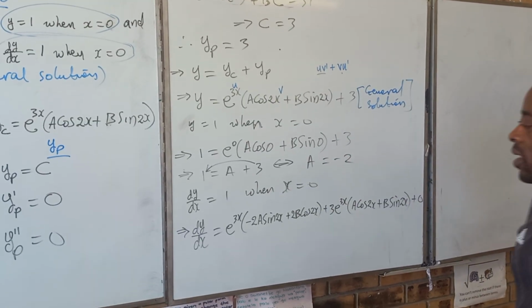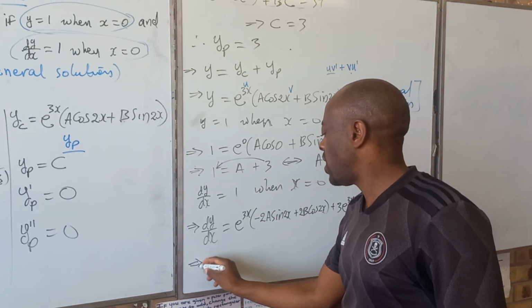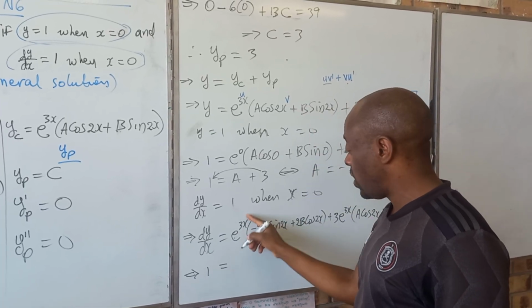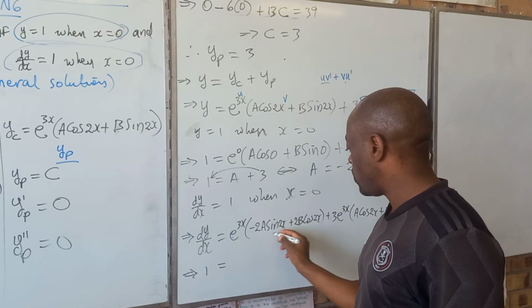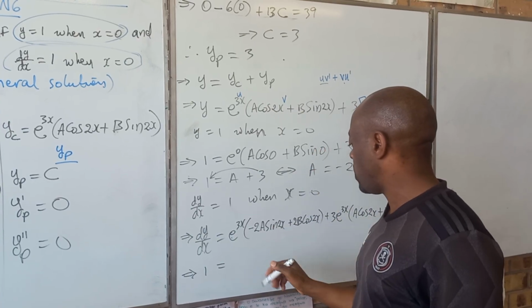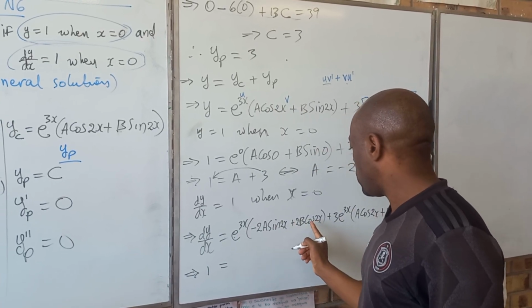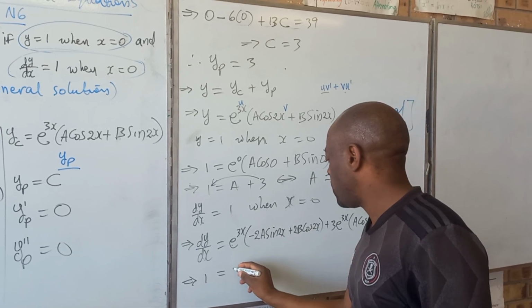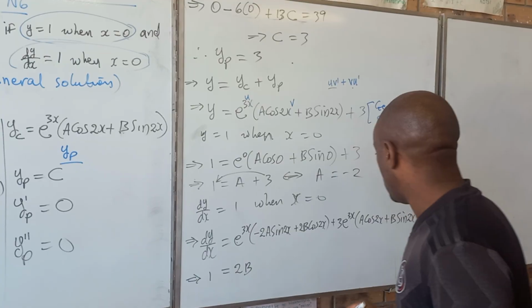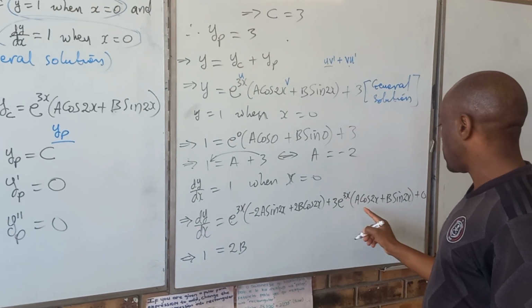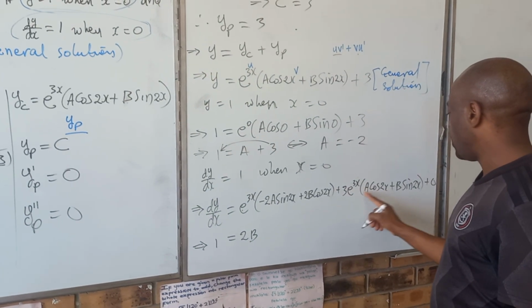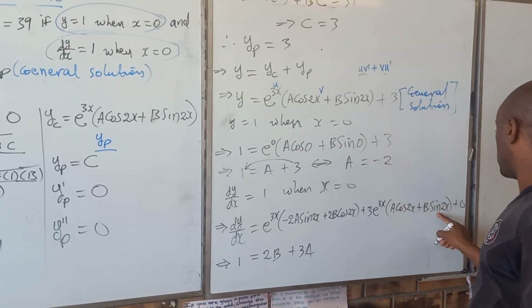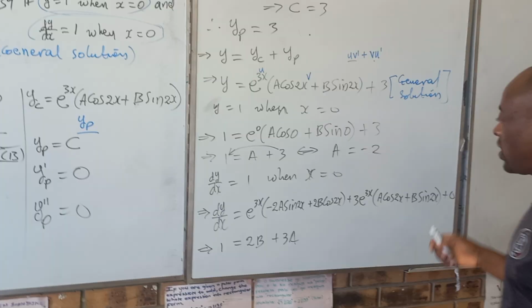So from here, I can now replace dy dx by 1. x is 0, so e to the power 0 is 1. Sine 0, we still remember it to be 0 from what I explained up there. So cos, that means this term is 0, cos 0 is 1. So the first term is 2b, then we switch to the other, e to the power 0 is 1, cos 0 is 1, so we'll get 3a, then sine 0 is 0, so that is our next equation.